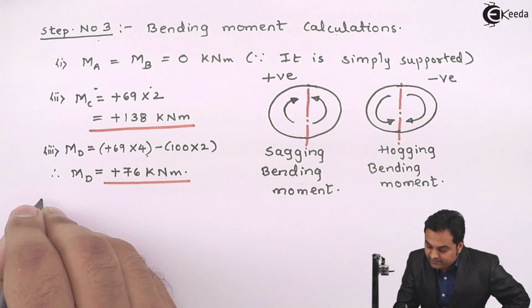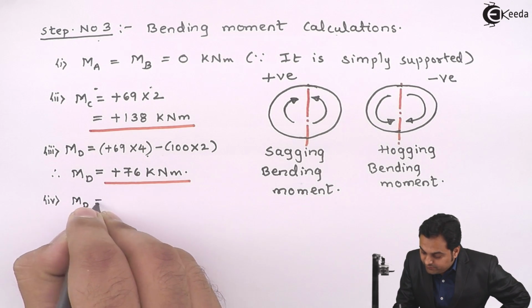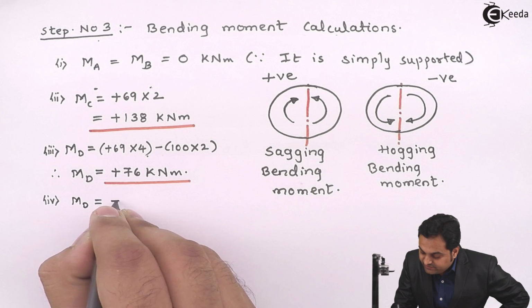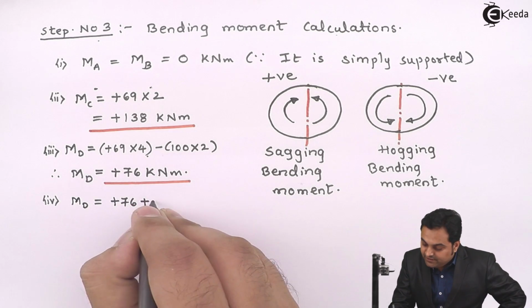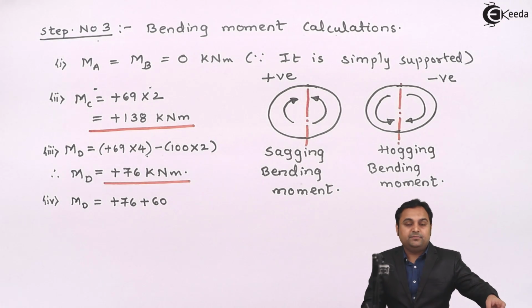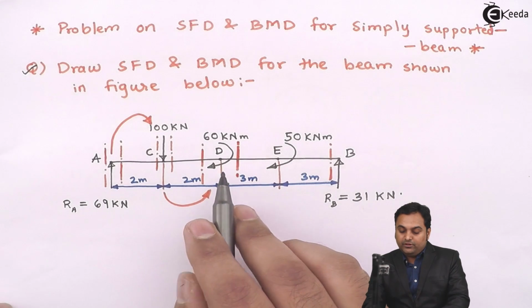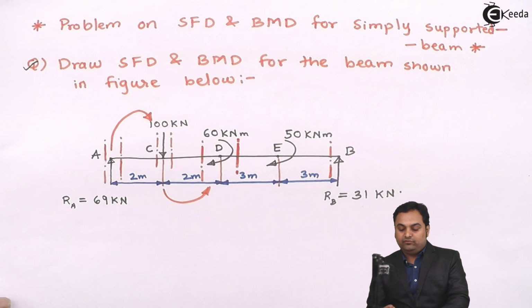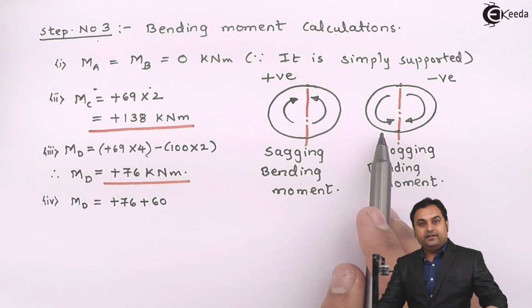So moment at D, another value, will be equal to, first of all we have plus 76 as it is. Now in that I will add 60 kilonewton meter, because that is clockwise moment. If suppose at D the moment would have been anti-clockwise, then I would have subtracted it, because to the left of section anti-clockwise is negative.